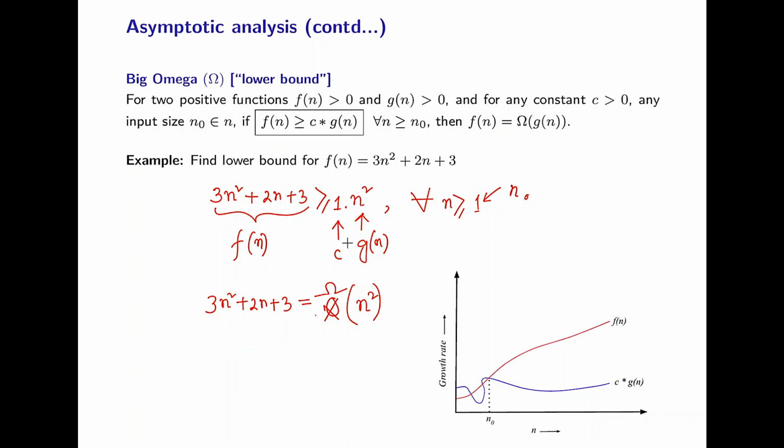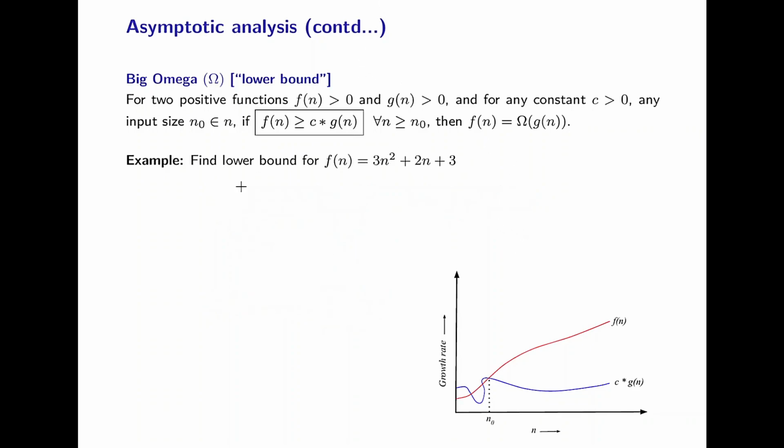So here in place of this n square, can I write greater values like n cube, n to the power 4, like that? No, I cannot write. But yes, I can write lower order terms. So how can I write lower order terms there? Let's say now 3n square plus 2n plus 3 is greater than or equal to, let's say, 1 into n.